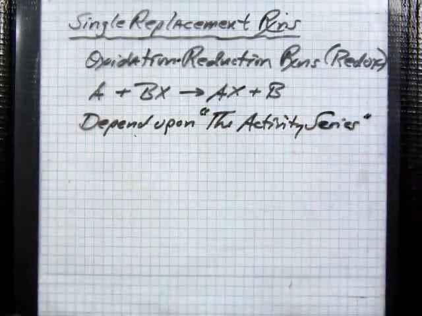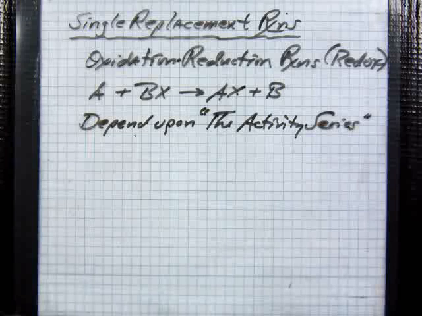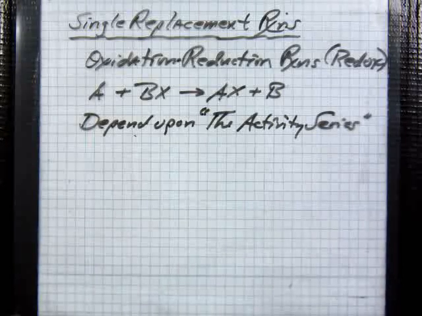When we talk about the activity series, we're talking about a collection of oxidation reactions that are ranked from most active to least active.